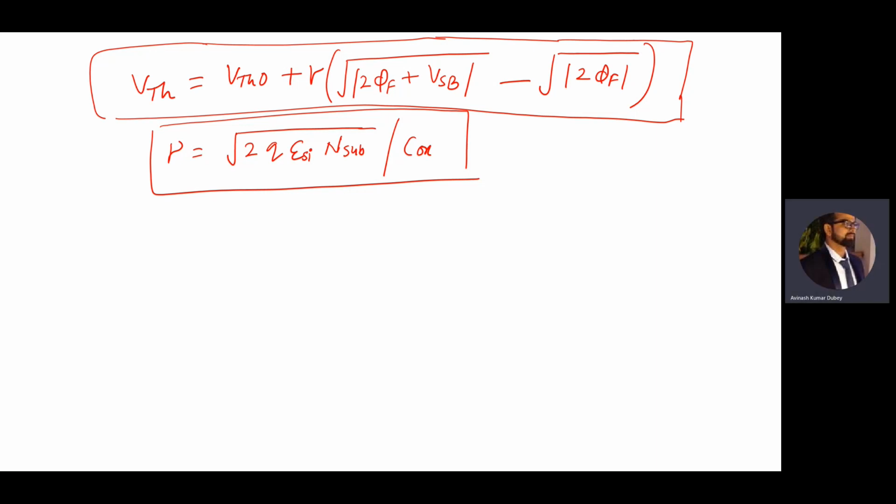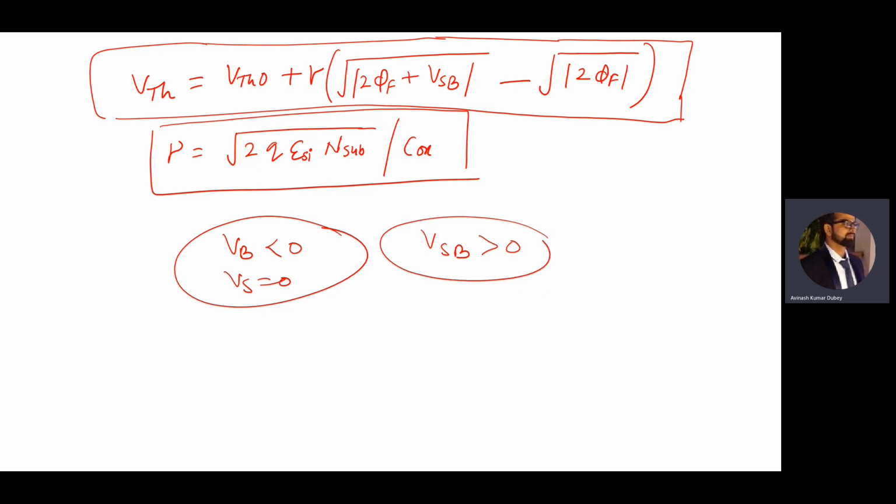In the previous example, we considered VB less than 0 and Vs equals 0, so VSB, the source to bulk potential, will be greater than 0. In this relationship, if VSB is greater than 0, then VTH will increase compared to VTH0. So VTH will be VTH0 plus some value because of VSB, and that will increase.